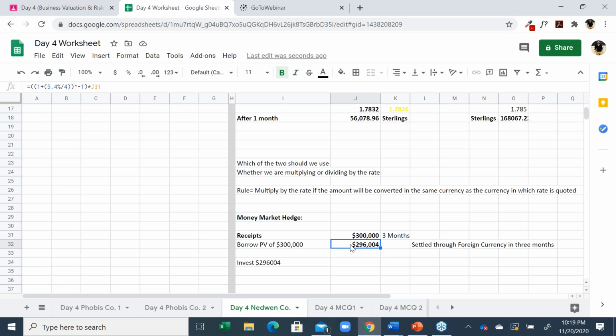So we cannot straight away pick these dollars and invest. So first we need to convert this 269,004 into pound sterlings. That's why I have left this space, so that you should know that these dollars should not be straight away invested. They should be converted first into sterlings today.